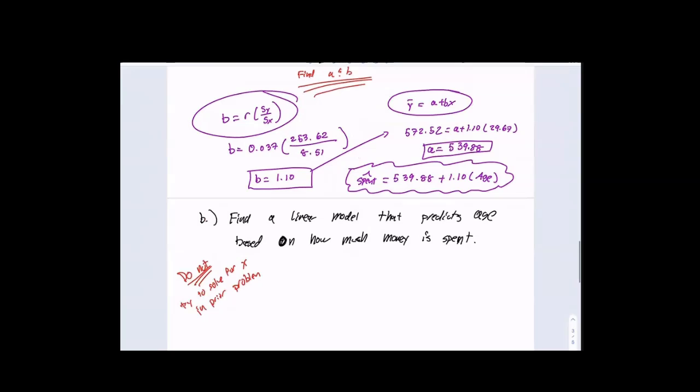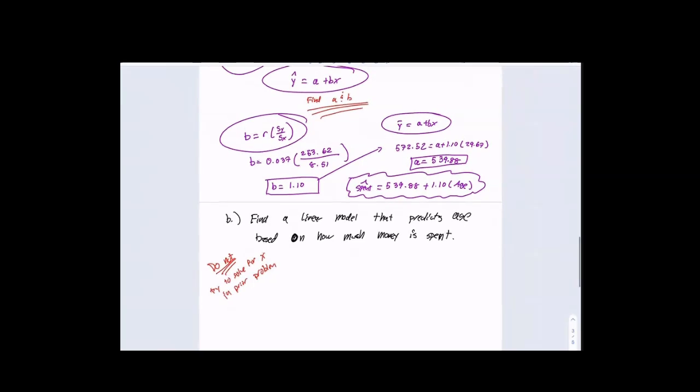A lot of people, when you did this in your algebra classes, would think, if I know y is equal to this, then x is equal to that if I just solve the other equation, subtract 539.88 and divide by 1.1, and I have an equation. No, that's not how it works. You have to redo the entire process because the least squares for x are not the same as the least squares for y.